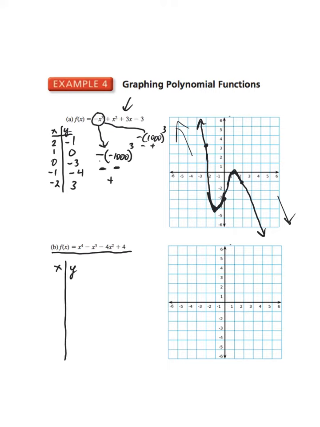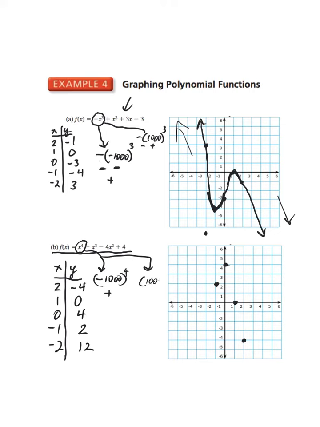Anyway, the end behavior is going to be given by the x to the fourth. So if x to the fourth is a really big negative, we're going to get a positive. If x to the fourth is a really big positive, we get a positive.